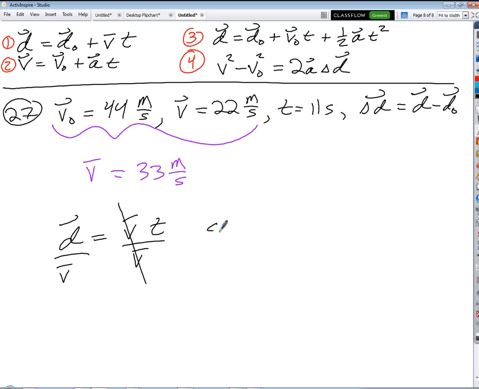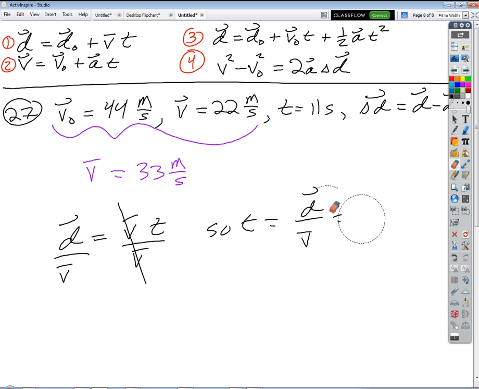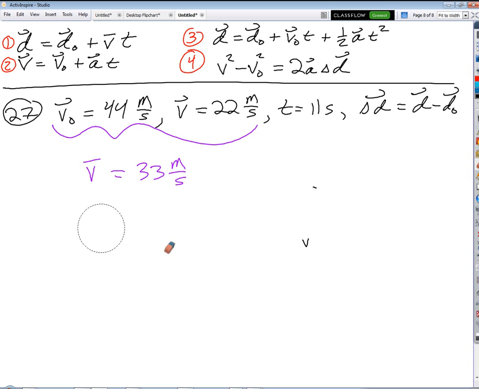They cancel, and so t equals final position over average velocity. Oh, never mind, we're finding D. So what am I doing? We don't have to do any algebra. We can just plug and chug.